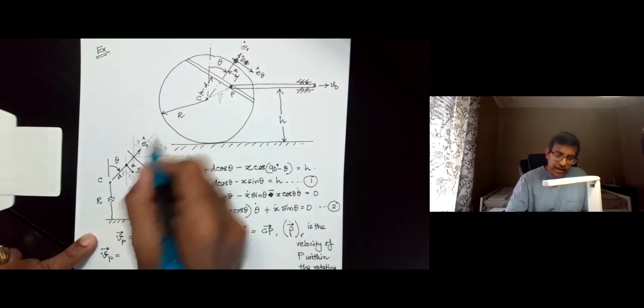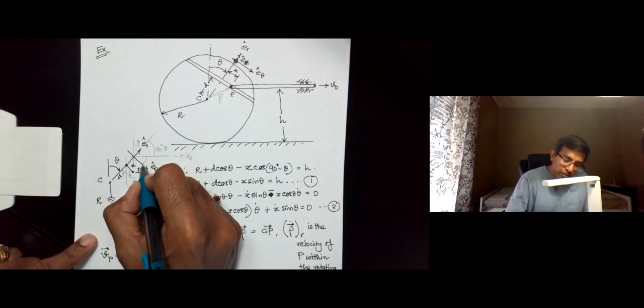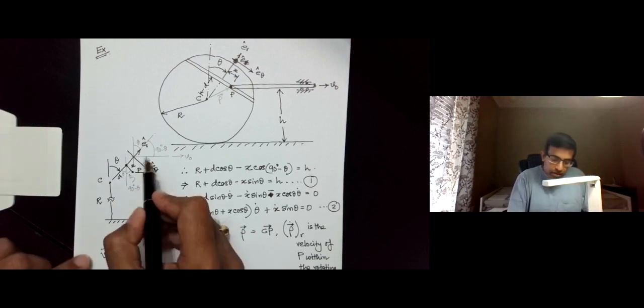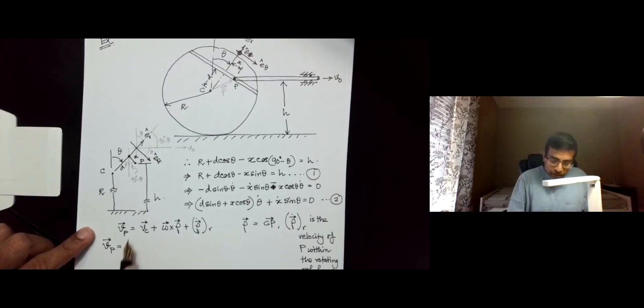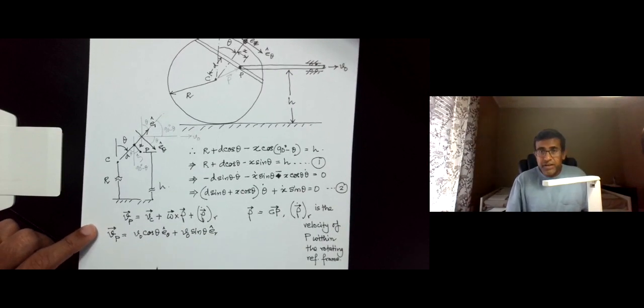So V0 makes an angle of 90 degrees minus theta with ER, and it also makes an angle of theta with E theta. So with that, we can easily write Vp is equal to V0 cosine theta E theta plus V0 sine theta ER. Okay, so we have the expression for Vp.